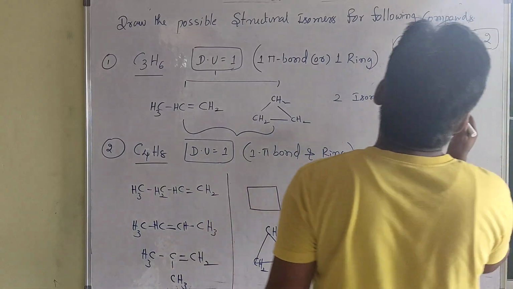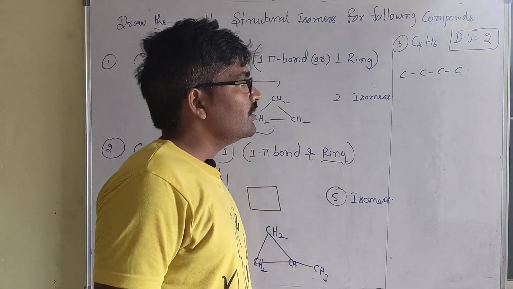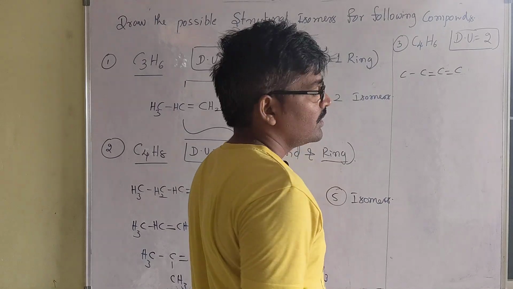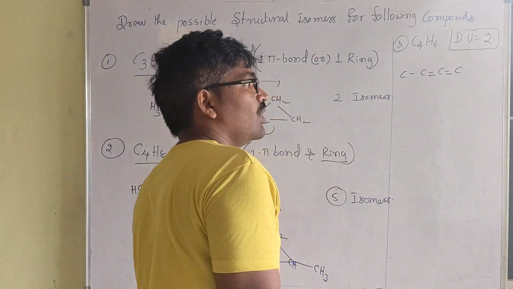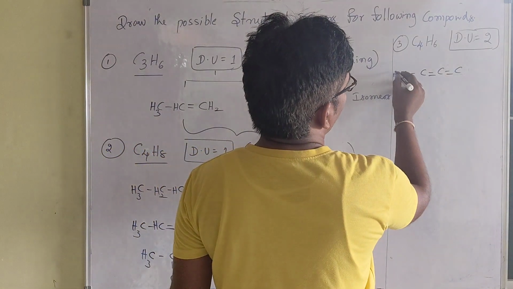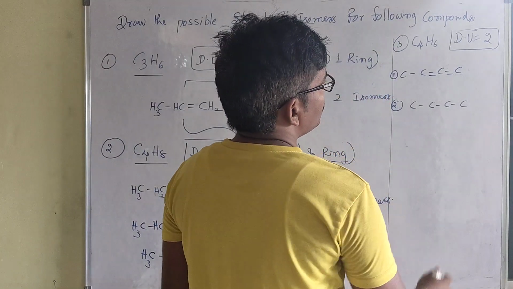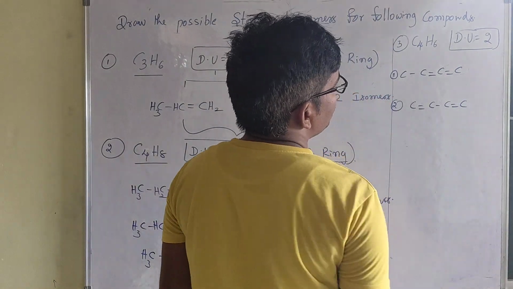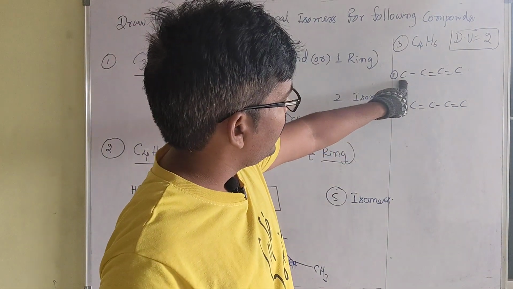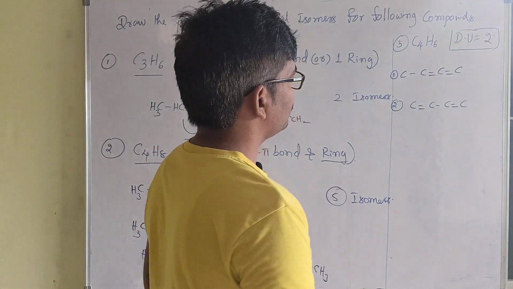That we'll see. Sir, first the chain we are taking. 1, 2, 3, 4. Yes, 4 carbons are there. Sir, 2 pi bonds possible. 2 pi bonds, right? Then, sir, triple bond. Even with a triple bond there are 2 pi bonds present, right? Okay, one is possible. Now look at the second. 1, 2, 3, 4. Here I placed one double bond. Then we must check whether the molecular formula fits. Sir, 3 hydrogens, 4, 5, 6, yes, 6 hydrogens like that.